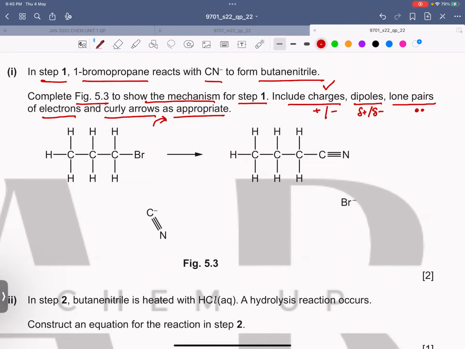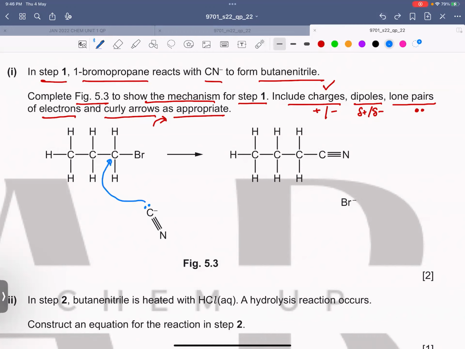So let's start. This carbon has a lone pair, and you see that here there is a bond between a carbon and carbon, right? Which means that this carbon is going to attack this carbon.